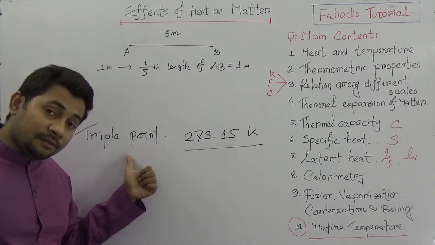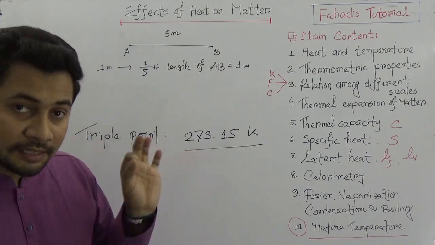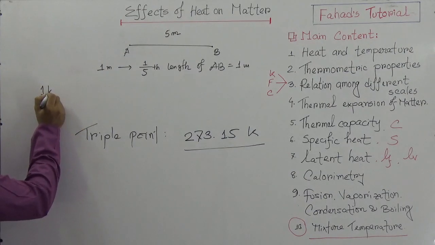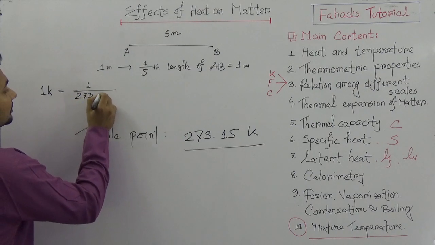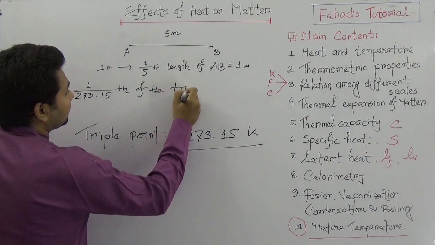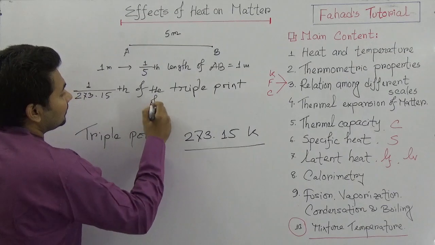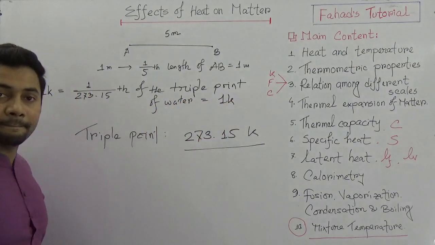Now, as we know, the triple point of water is 273.15 Kelvin. So the definition of 1 Kelvin is 1/273.15 of the triple point of water.